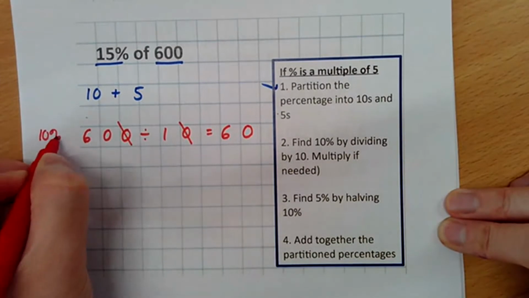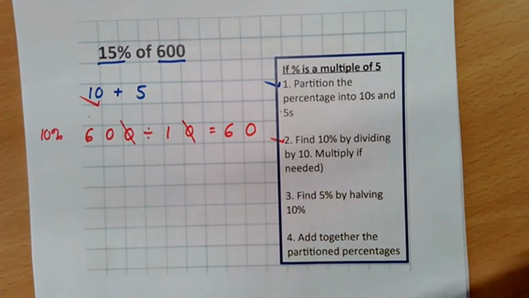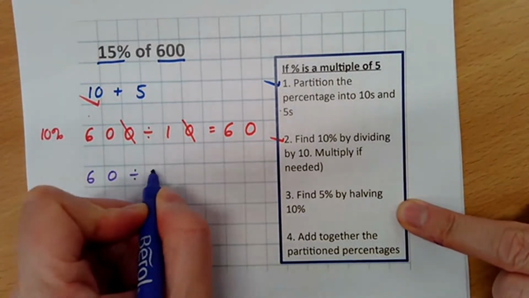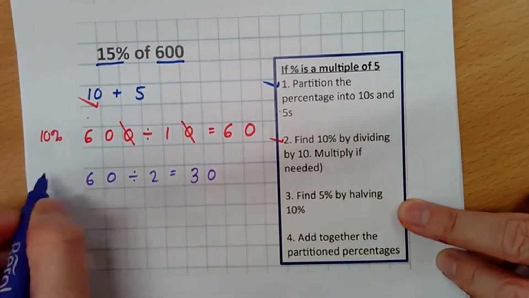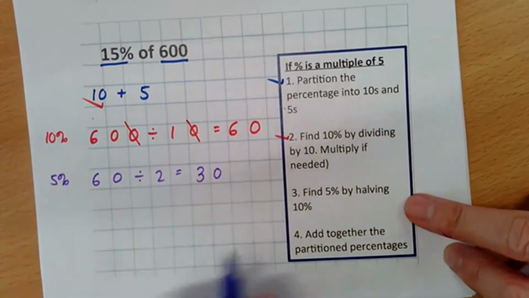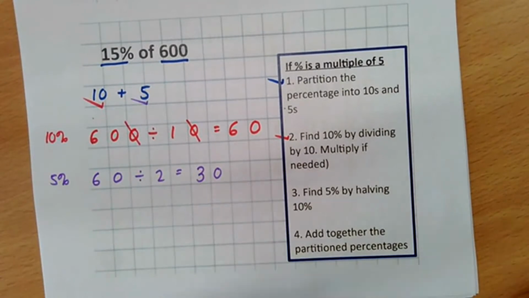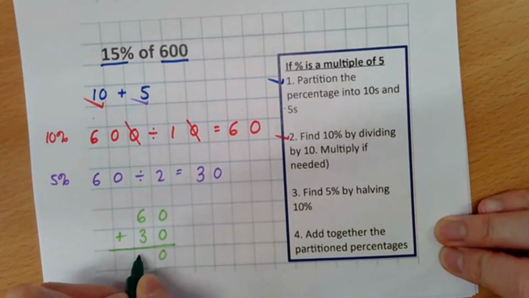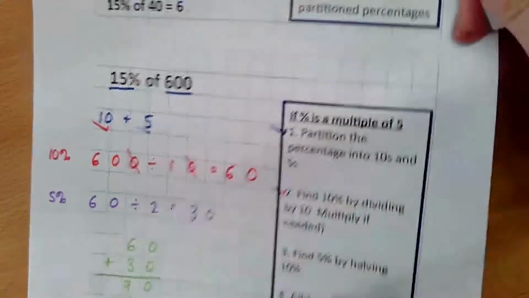I'm going to write that on the side so that I know that I found this number. Great. Now I need to find the 5%. So half of 10%, 60 divided by 2 equals 30. You can use your bus stop method if you need to. And I know that this is 5%. Now I'm looking for 15%, so actually I can easily add these two. 60 plus 30 equals 90. So 15% of 600 equals 90.